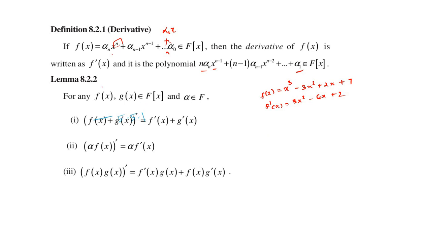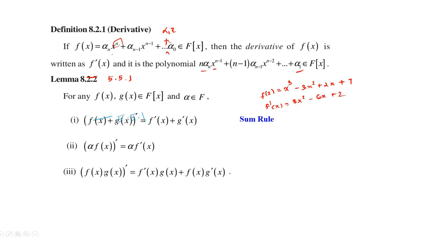So the first lemma in this section in Herstein, it is 5.5.1, gives the sum rule. The sum rule says that the derivative of f of x plus g of x is the derivative of f of x plus the derivative of g of x, and the constant multiple rule gives alpha into f dash of x.